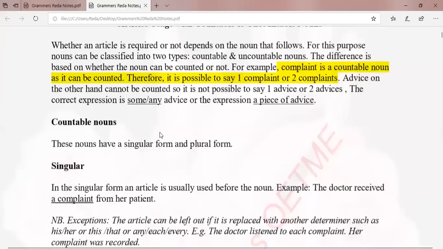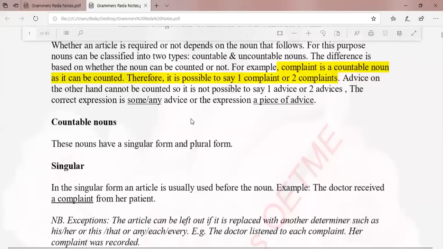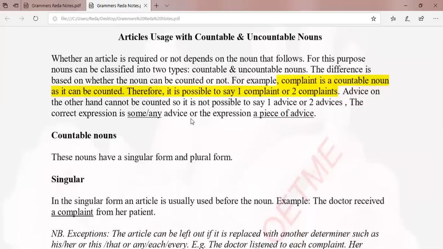Before you write, you should know the countable nouns, the articles, and all of that. So you have to know if the article is required or not, which depends on the noun. For this purpose, nouns can be classified into two types: countable and uncountable.